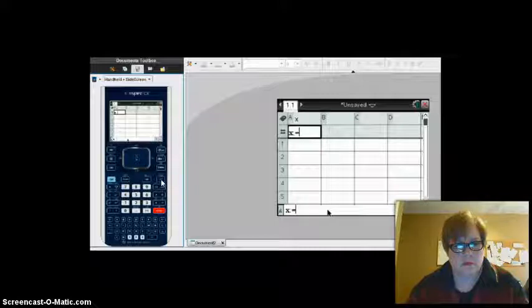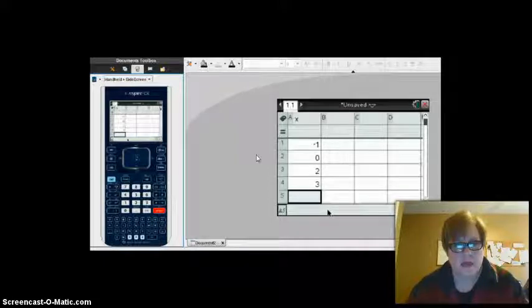Don't want anything in that one. Better use my arrows instead of the enter. Okay, and then I put in all my x's, which were -1, 0, 2, and 3.